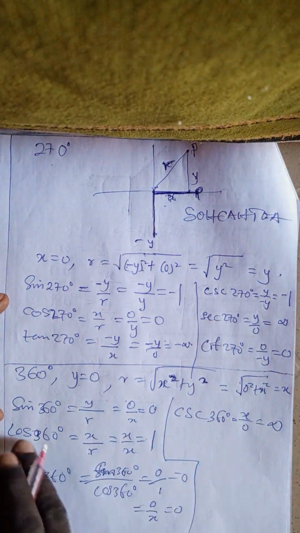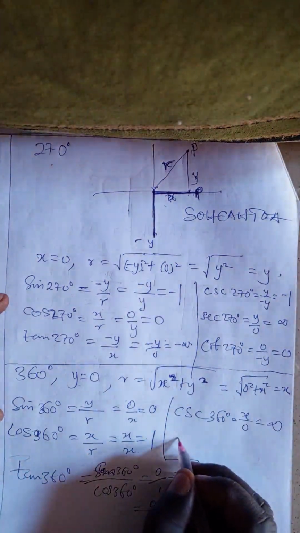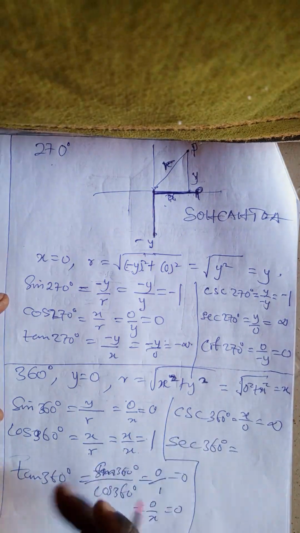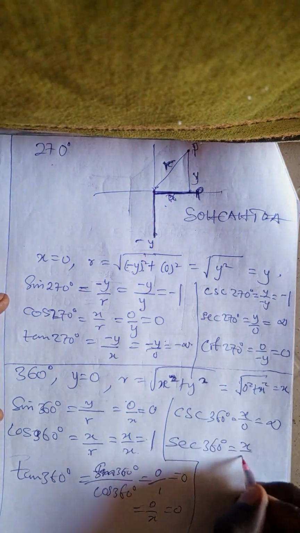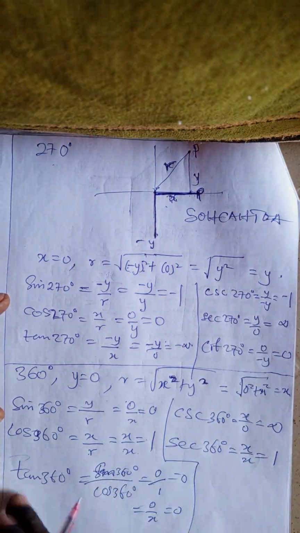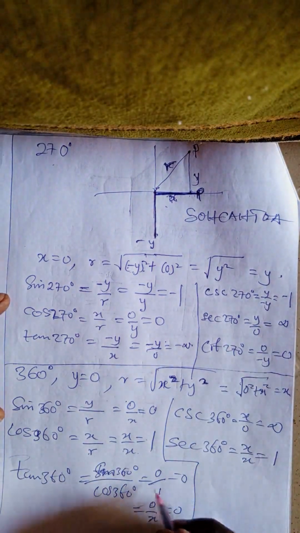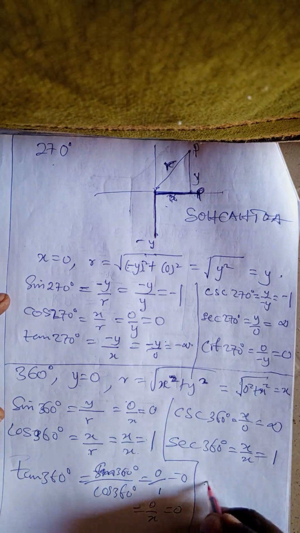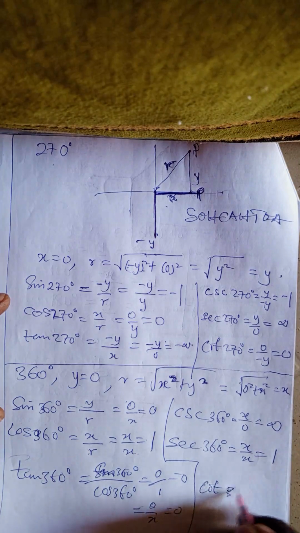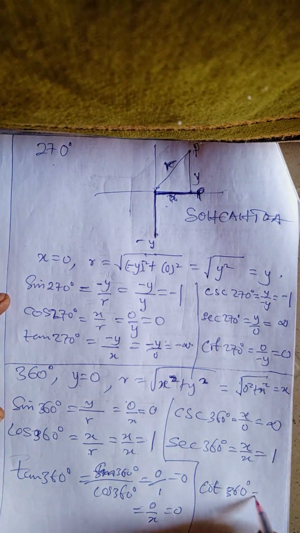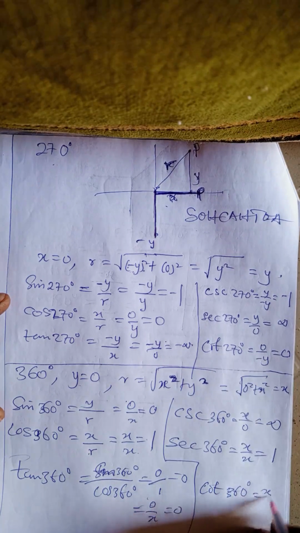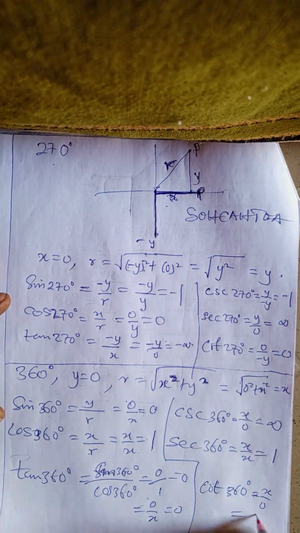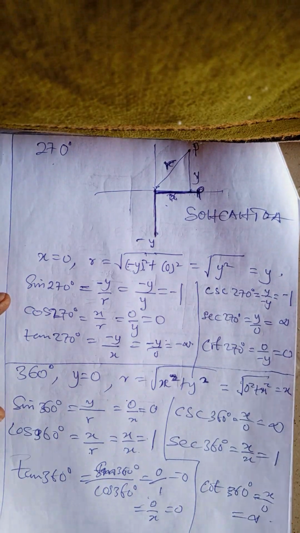And then we're going to look at sec 360 degrees, but this is equal to x over x, and that's equal to 1. And then we're going to look at cot. Cot 360 degrees is going to be equal to x over 0, or we say 1 over 0, but because division by 0 is not defined, so this is positive infinity.